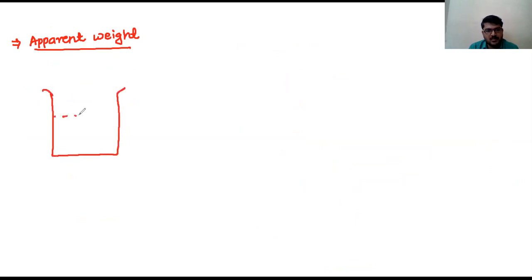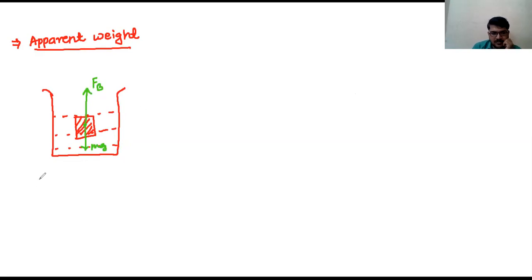I am drawing a big diagram. You see here, this is your object which you have immersed in a liquid, and now we are having two forces. Upward is buoyant force, downward is mg, and apparent weight means what? Here only you will get, yes or not?